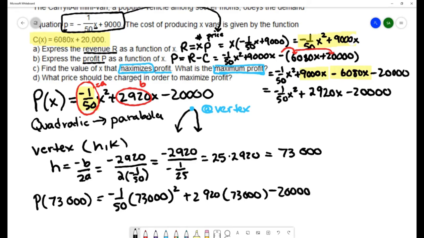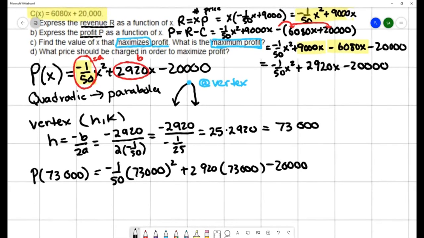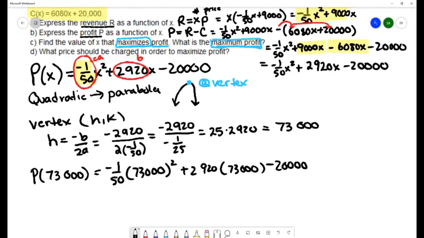These are really big numbers. So let's get our calculator out so we can show typing this in. And that will give us both parts of the question that we see in C.